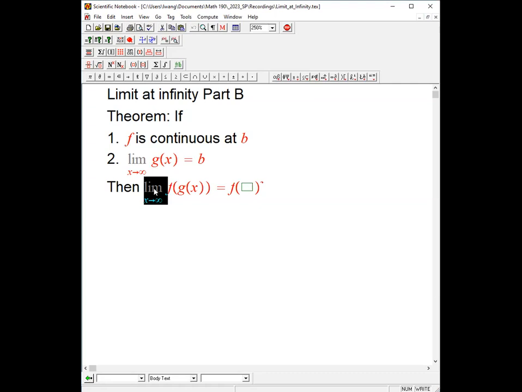This theorem is very useful. Okay, and bring it to g of x, right? And bring the limit right here. Okay, we talked about the theorem before, and so this theorem is also very useful. And in fact, we're going to use it in this section.